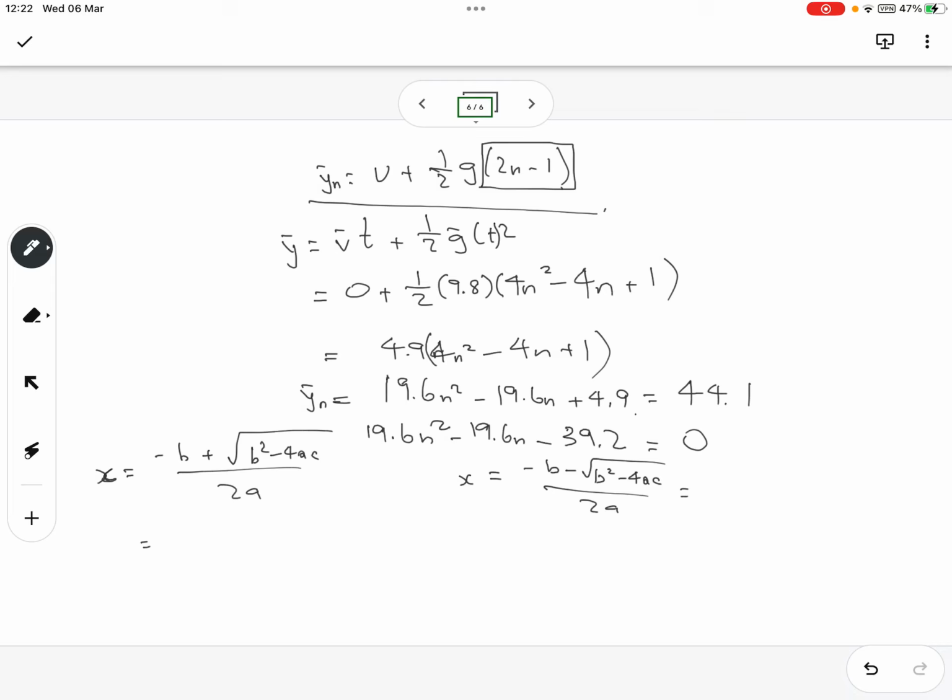That's a positive one. It just gives us 2. And then the negative one? Negative 1.